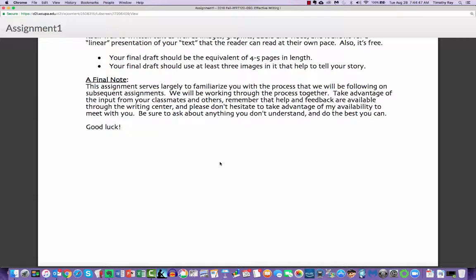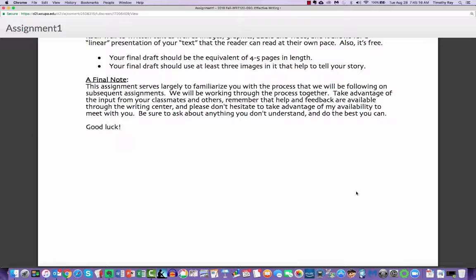So I'm going to be talking about the writing process, and it is an involved process. It's not just get the assignment and incubate on it, think about it for a couple of weeks, and then crank out a paper the night before it's due.